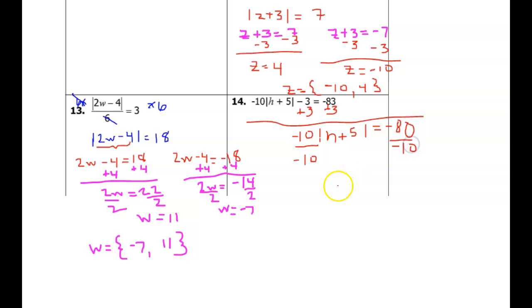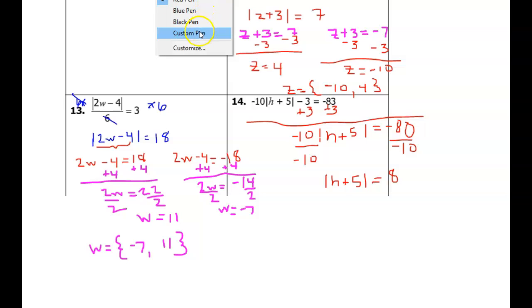Now, guys, I have the absolute value of h plus 5 equals 8. The rest of this is pretty easy. What do I do at this point? Equals what? 8. And then?